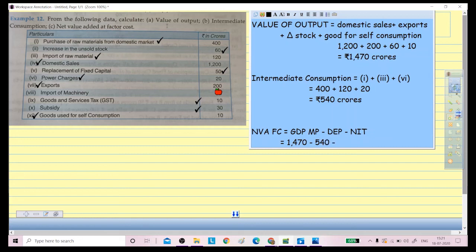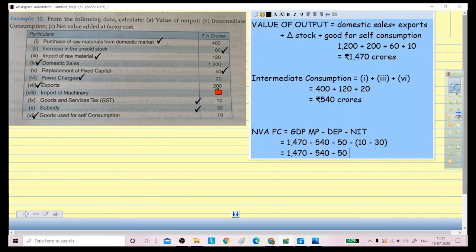Then depreciation. Look at the question, how much is the depreciation? It is 50. Minus NIT, which we have to find out, that is the difference between indirect taxes and subsidies. Indirect taxes 10 minus subsidy 30. So it is 1470 minus 540 minus 50, minus (10 minus 30).